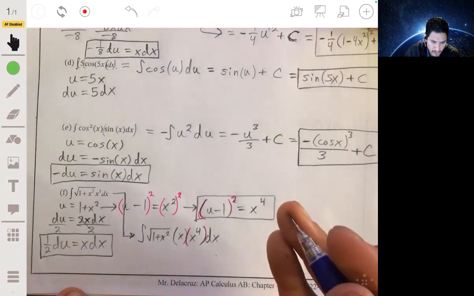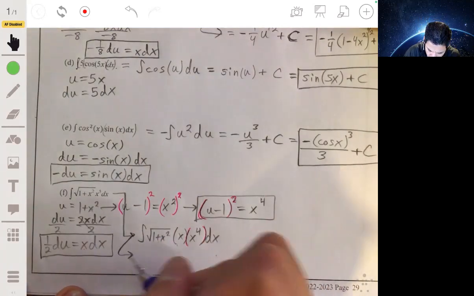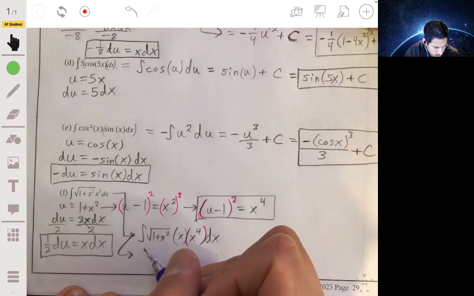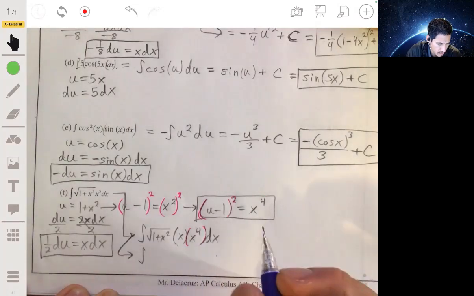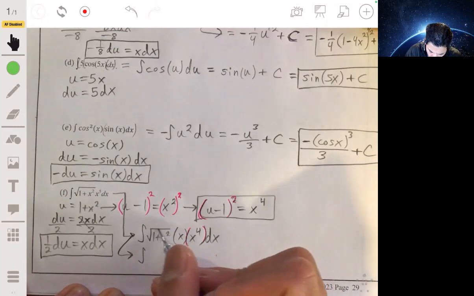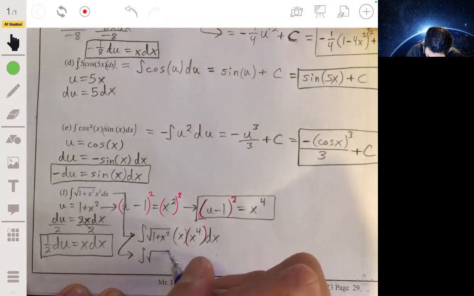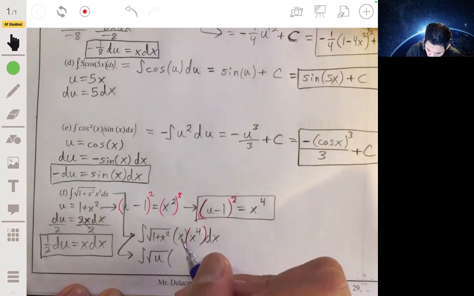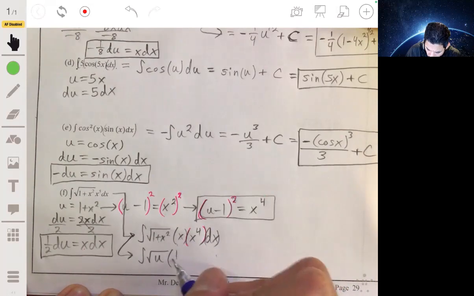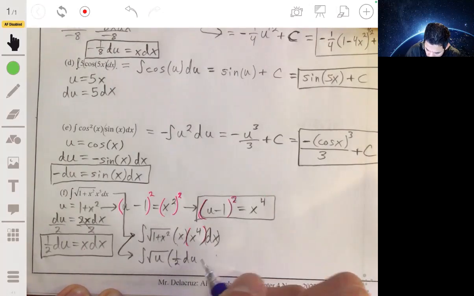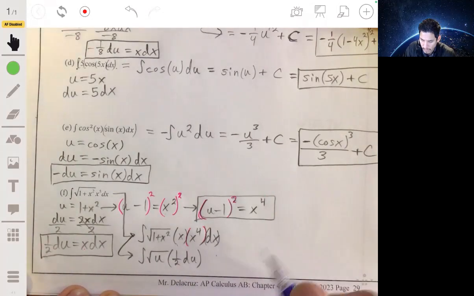So then now we can rewrite this as the integral of, again, we're going to make this the square root of u, that x dx, that'll be our 1/2 du. I know it's going to look weird.